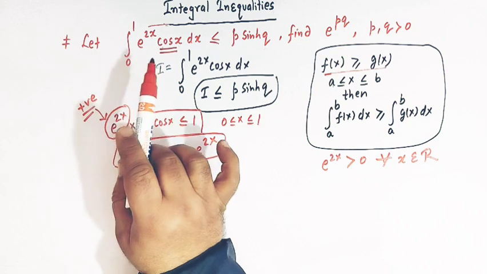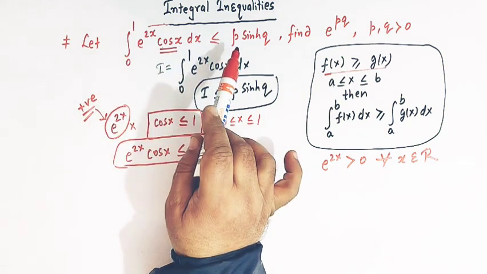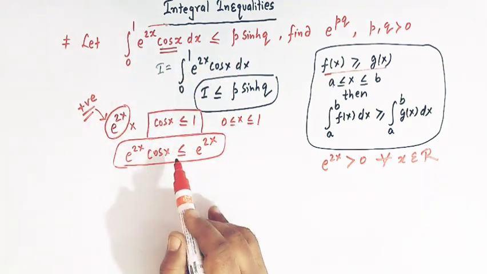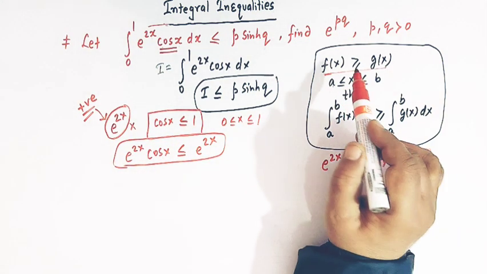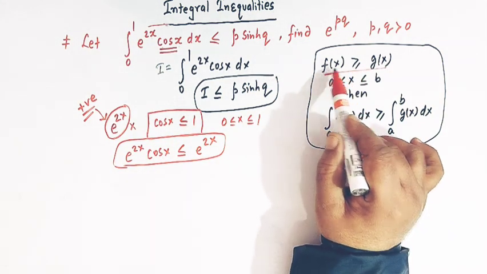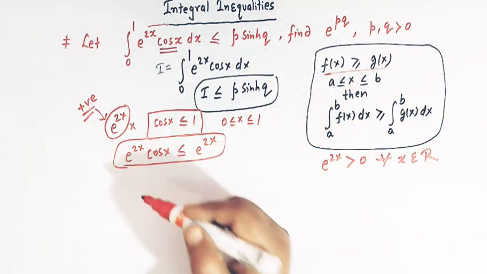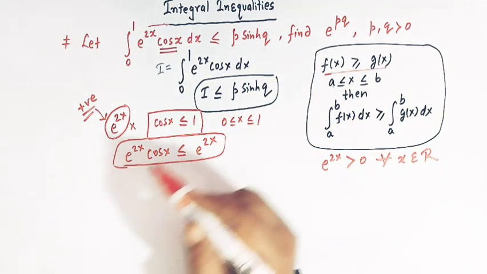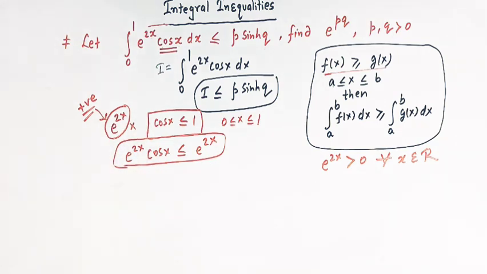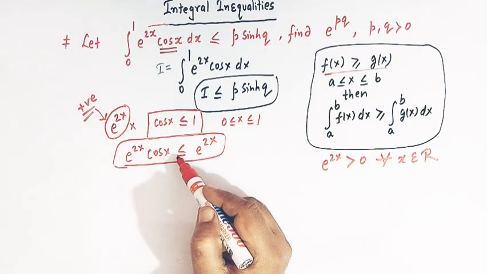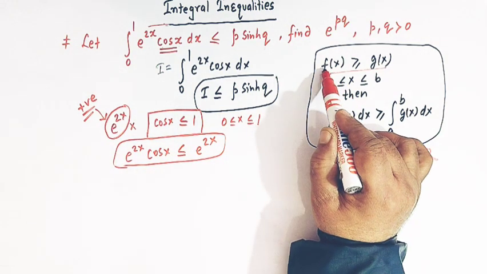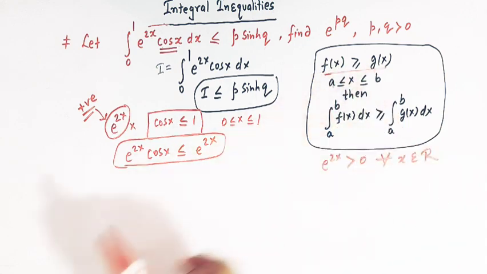Whenever we encounter these types of problems, our first aim is to get an inequality similar to f of x greater than or equal to g of x. In other words, we have to frame an inequality which gives us the functions f of x and g of x.